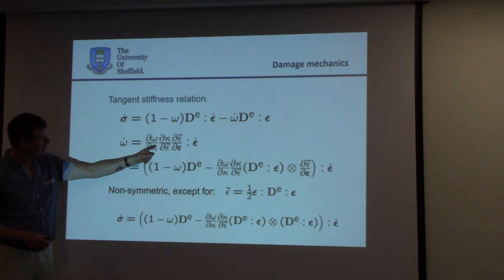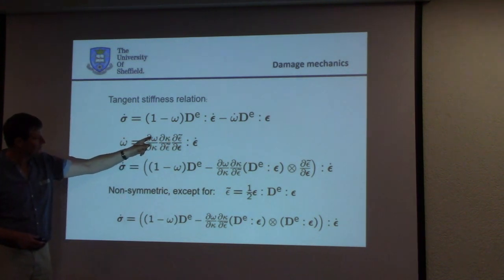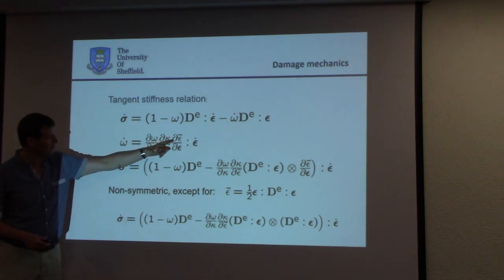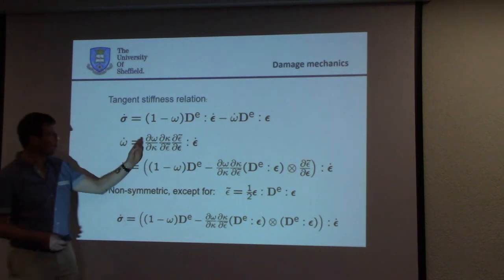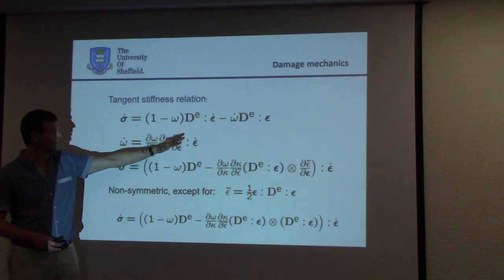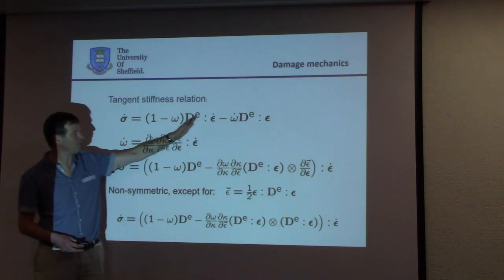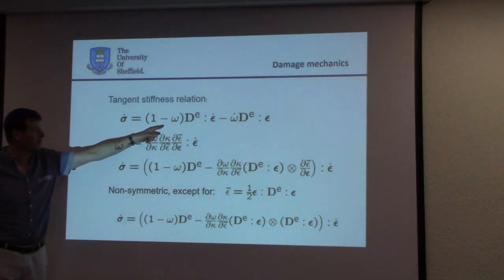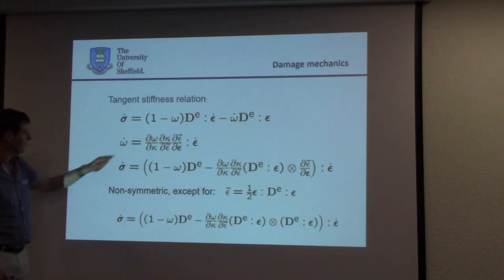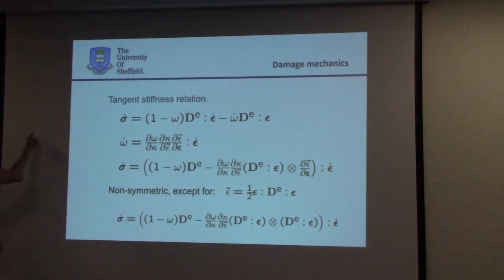So for loading, you have the omega, the kappa, the epsilon tilde, the epsilon times epsilon dot. For unloading, this whole term cancels, and therefore you only have this term, which is essentially the secant difference. 1 minus omega times dE is the secant difference. You go up here, then down here, or somewhere here, and then you go down in a secant branch to the origin.